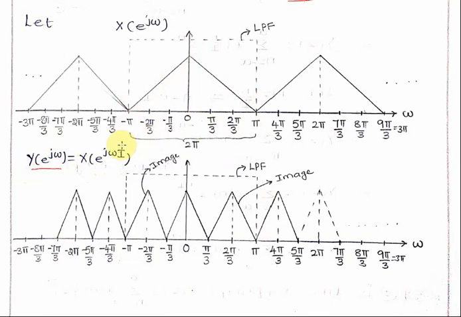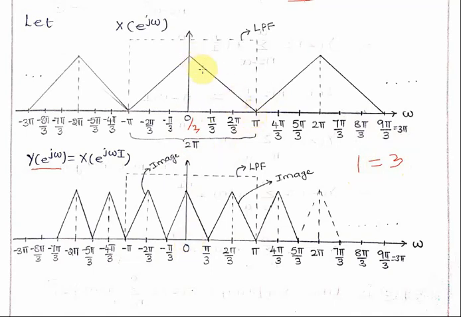For explanation purposes I am taking the I value as 3. Now we need to do the decimation operation, 0 by 3, which is nothing but 0. It will come to here, 0.